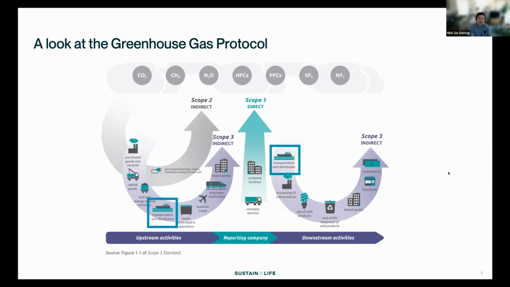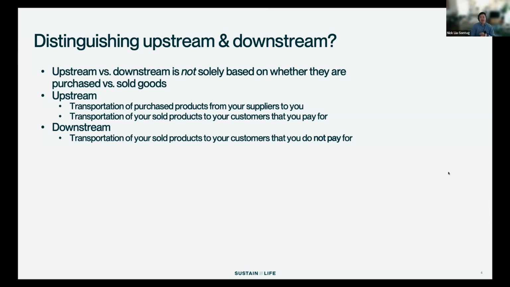When it comes to distinguishing between upstream and downstream, a lot of people get confused, because initially you would think that upstream transportation and distribution is related to my suppliers getting things to me, and downstream is related to me getting things to my customers. But it's actually not as clean cut as that.